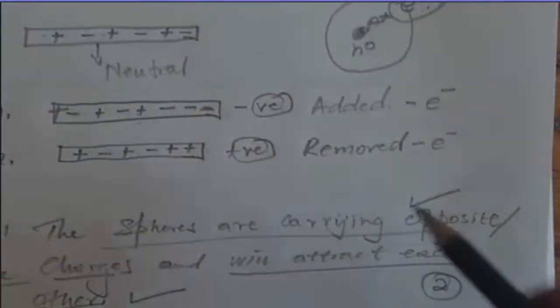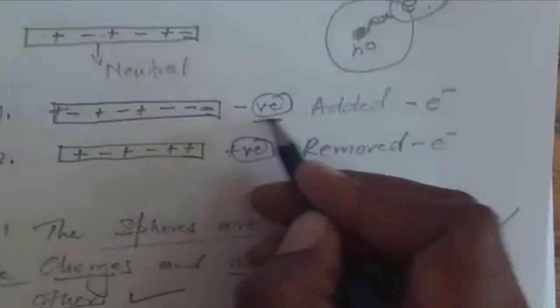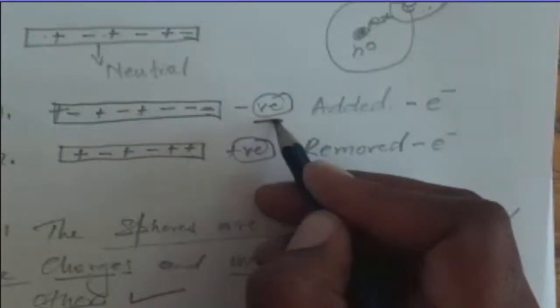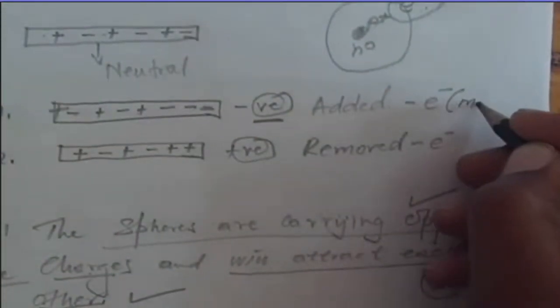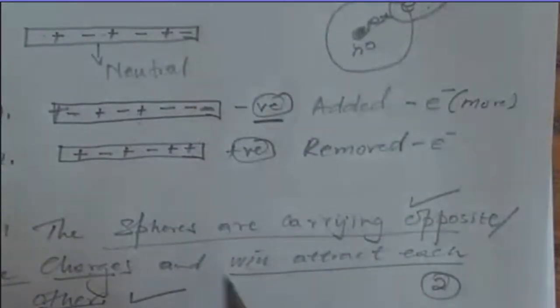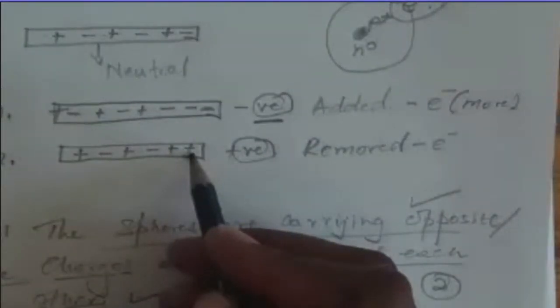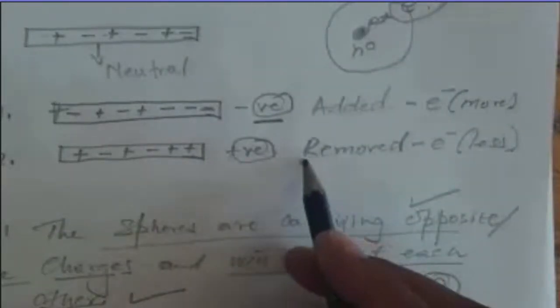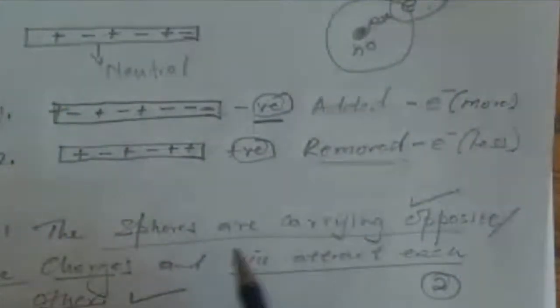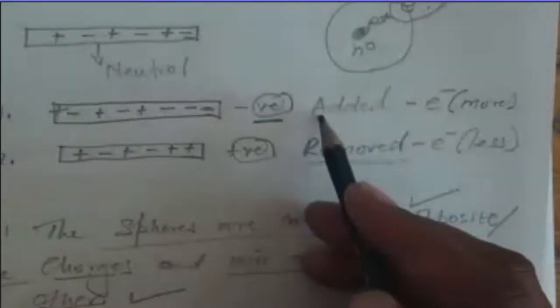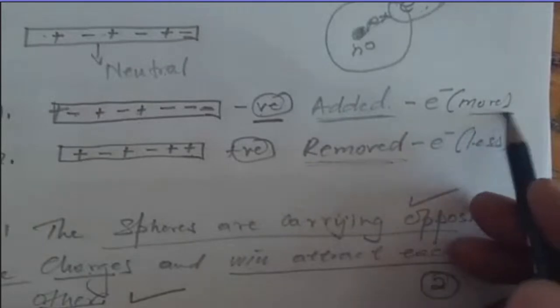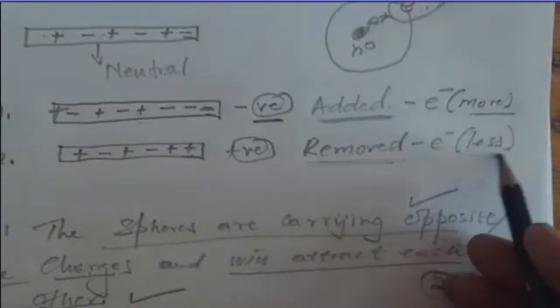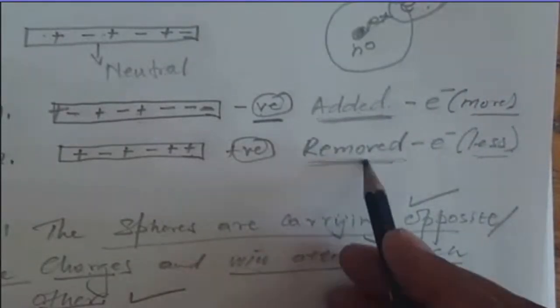We look at this. If this is negatively charged, I'm having more electrons. If this is positively charged, I'm having fewer electrons because electrons were removed. But if this is negative, they are more because electrons were added. More added. Less, it will be removed.